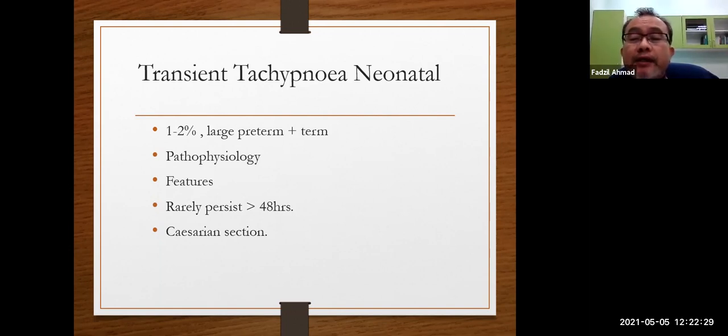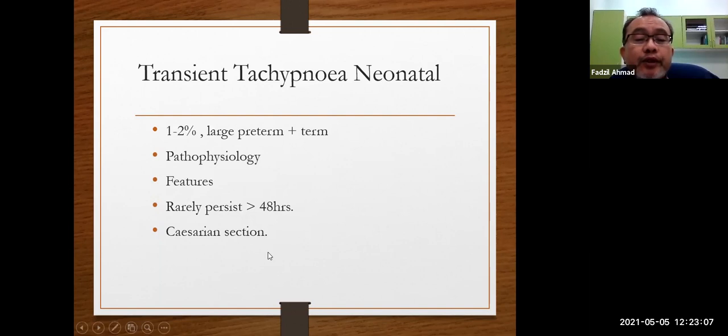The result is that the lung still retains some fluid, and this physiologically affects the lung's ability to function properly. Because of that, they become tachypneic, grunting, with respiratory distress, and this is what we call transient tachypnea of the newborn. But because it's transient, after a while the lung dries through absorption, so it rarely persists more than 40 hours.